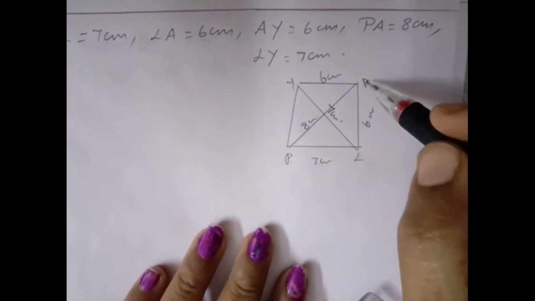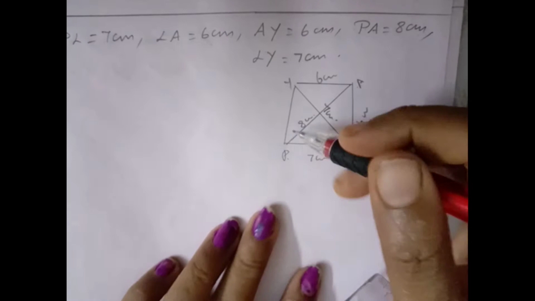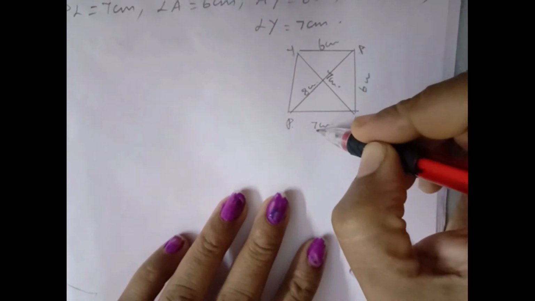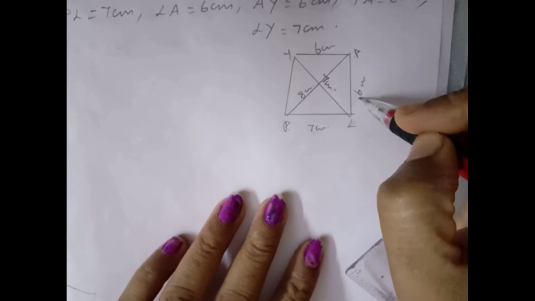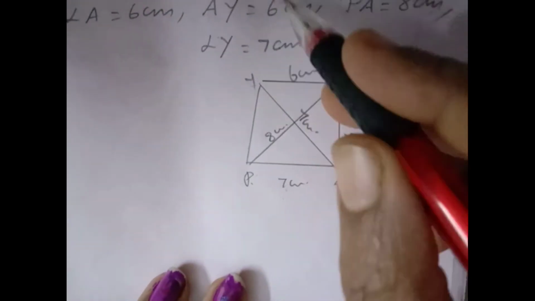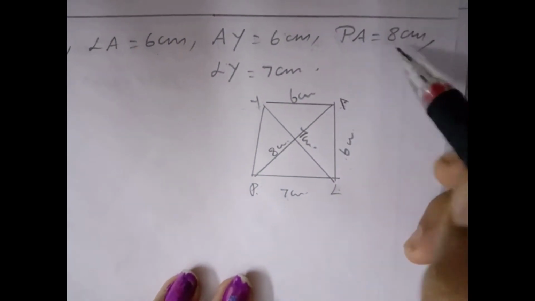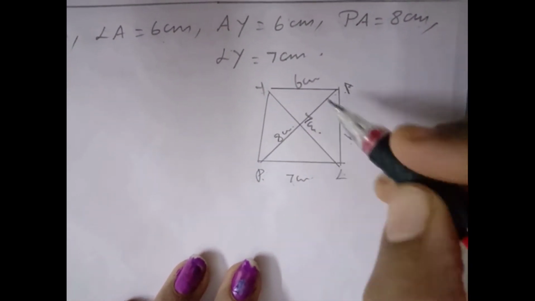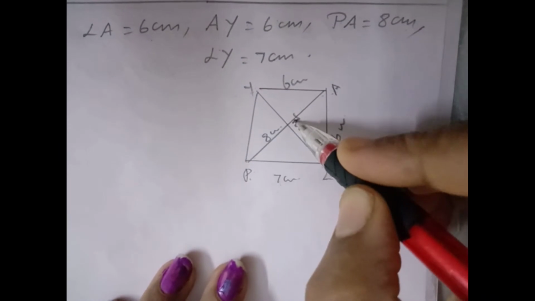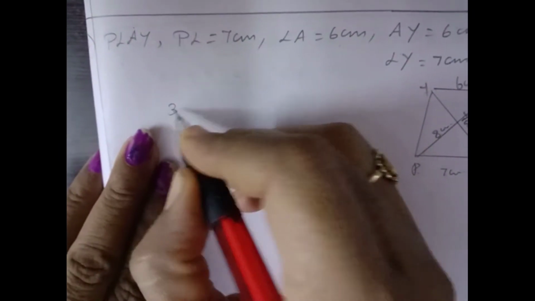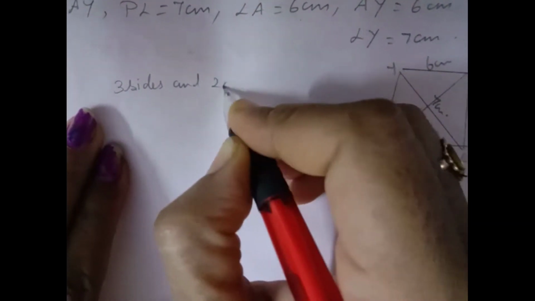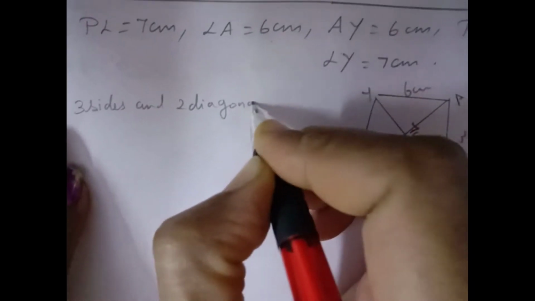First draw the rough figure and mark the measurements. They have given the diagonals PA equal to 8 centimeter and LY equal to 7 centimeter. So this question is 3 sides and 2 diagonals.